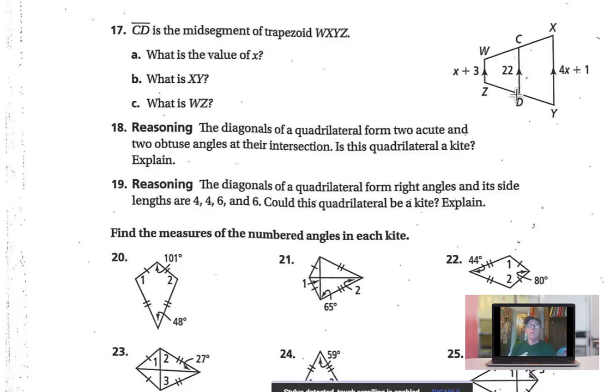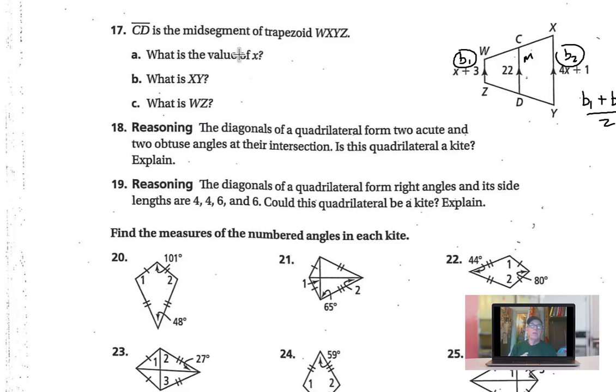Now remember, the length of the mid-segment is the average of the two bases. So in this case, base 1, base 2, add B1 plus B2, divide by 2, that's going to be the mid-segment length. So B1 plus B2 divided by 2 equals the mid-segment length.